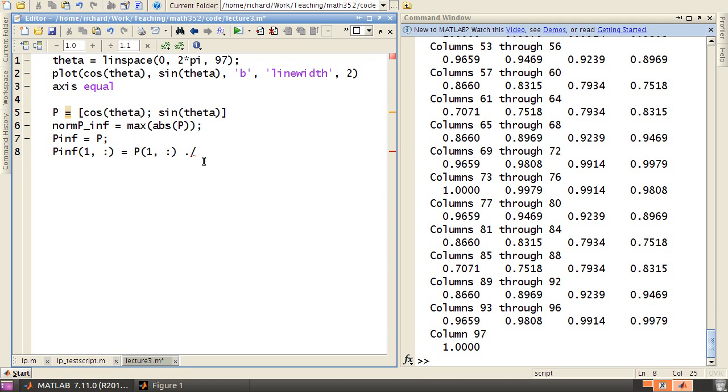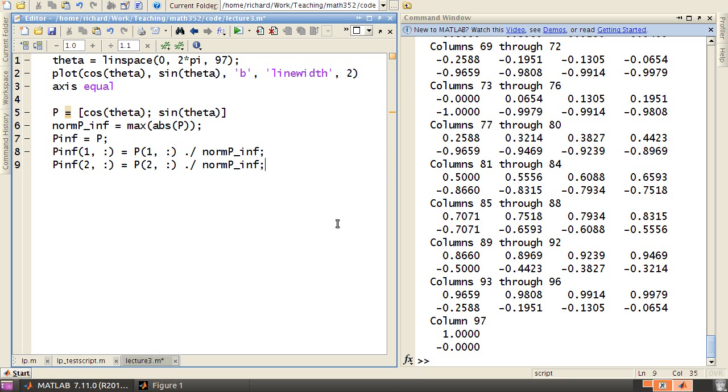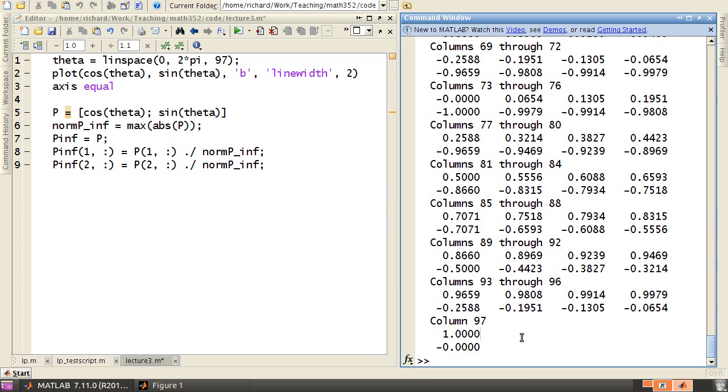Because I'm dividing by an array, element by element, I need to use dot divide for my division. Likewise, the second row of P is going to be the second row of P, also divided element by element by those things there.